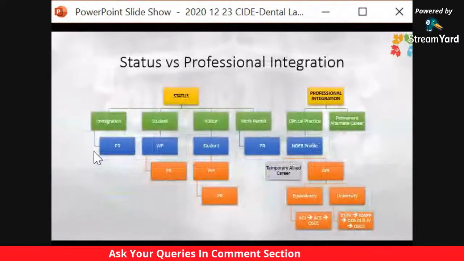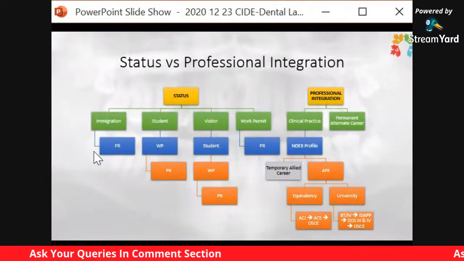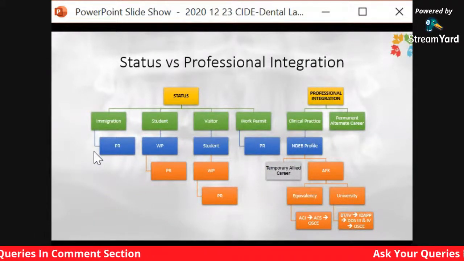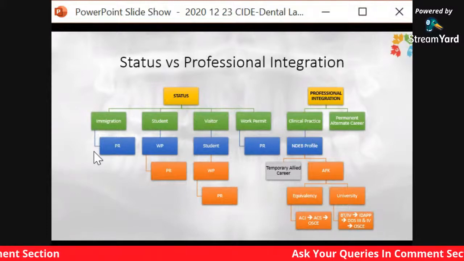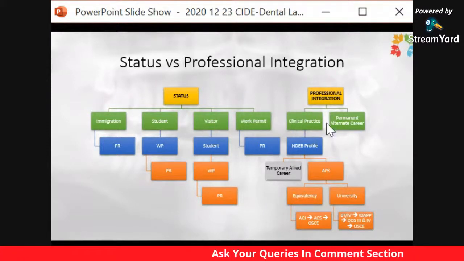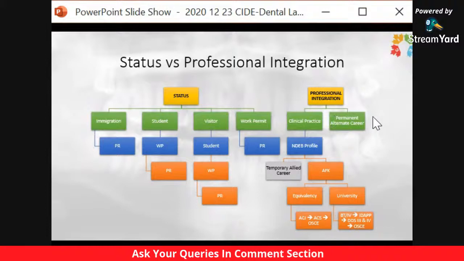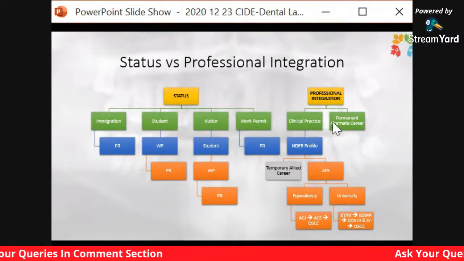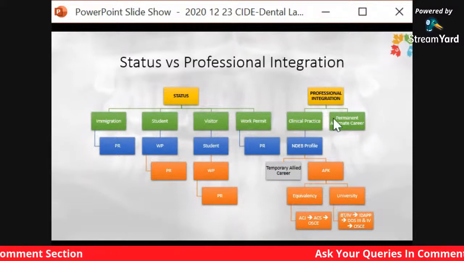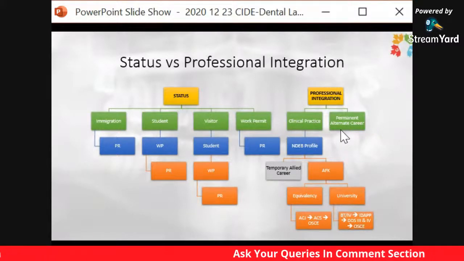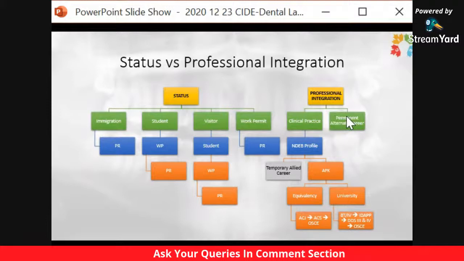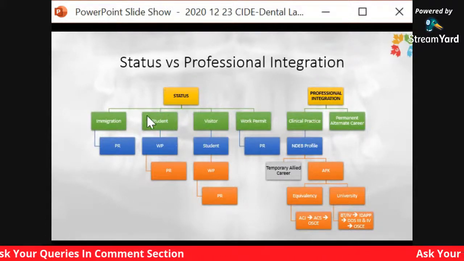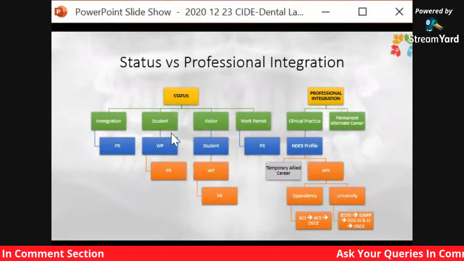And on your right is the professional activity, which means whether you want to get into clinical practice or you want to get into an alternate career. So this mostly comes from this, the student.